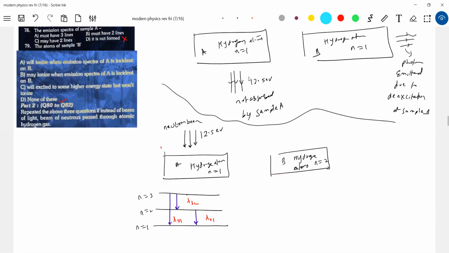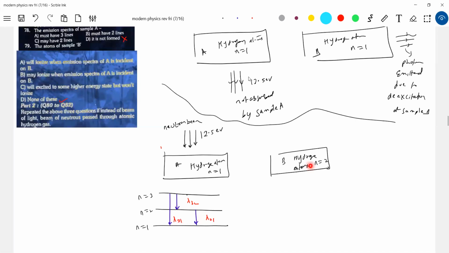Okay, I think it's possible. If this photon is incident, the atom can jump from n equal to 2 to 3. 3-2 and 3-1 are possible, 3-1 and 2-1.